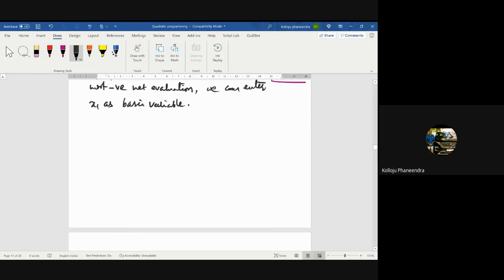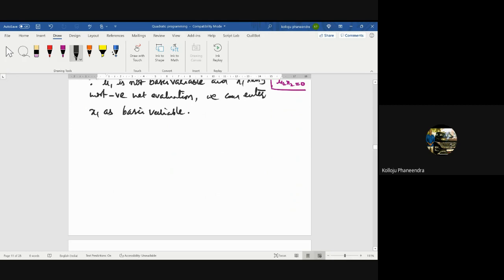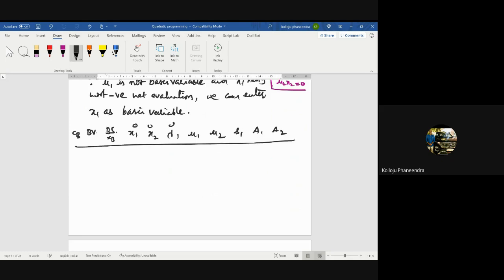Next table is again cb. I will write basic variable, basic solution xb, and write all the variables x1 x2 lambda 1 mu1 mu2 s1 a1 a2, and what are the costs of all the variables? Zeros except artificial variables.